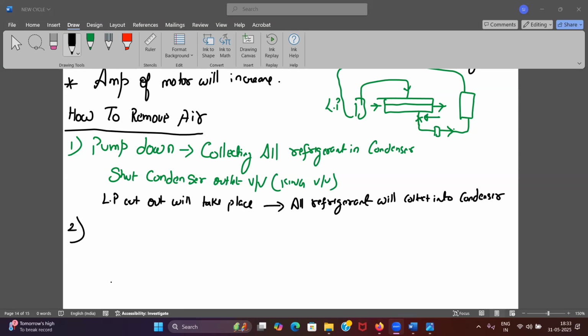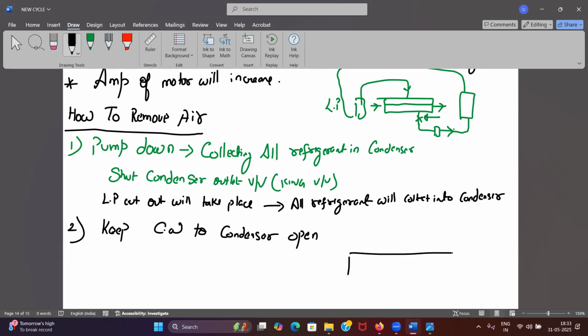Alright. Now the second step is keep cooling water to the condenser open. Okay, it is already open, but you will keep it open. So there will be a time when this is my inlet.